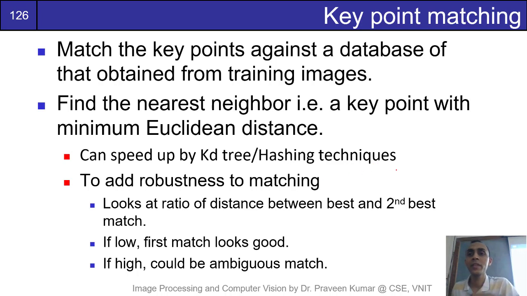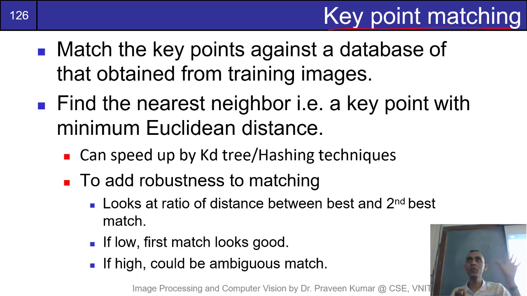Before we discuss the experimentation, how did they match the key point? We have used histograms. Now you can take the Euclidean distance between two histograms as a similarity measure, or you can use a dot product between two histograms. There are different measures to see how those two histograms are similar.